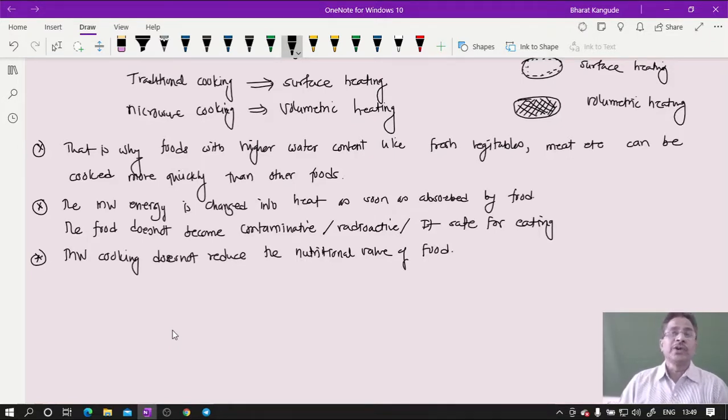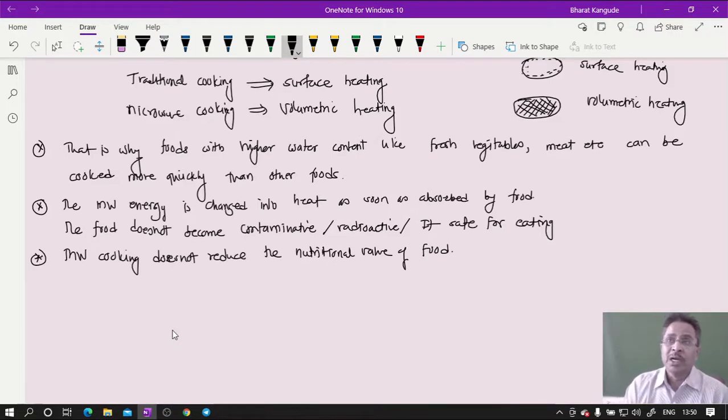So all the nutrients remain exactly the same. That is not happening in the case of traditional cooking. In traditional cooking, there is a chance of breaking down of nutritional materials like proteins and so on. So this type of damage to the food is not observed in the case of microwave cooking.